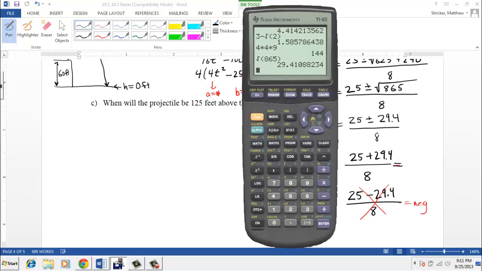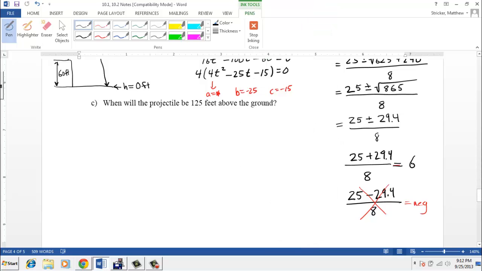I'm going to take this 29.4 and add it to the 25, which is about 54.4, and divide that answer by 8. And this gives us a time of about 6.8 seconds. It's the time it takes for the ball to hit the ground.